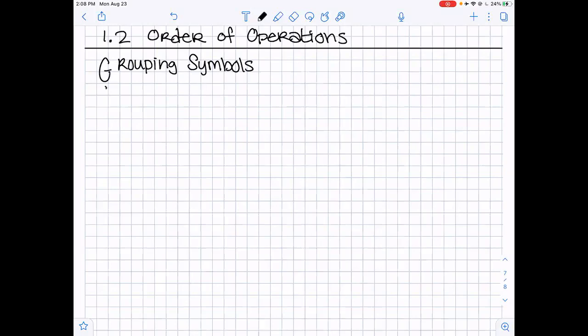Then we have exponents. After you solve the exponents, what comes next? Multiply. What happens in the same step? Divide. So I'm going to put those in the same line because they happen at the same time.